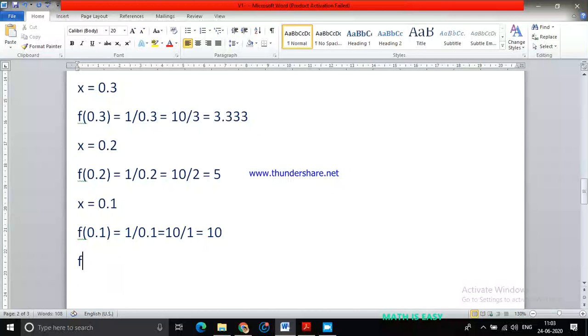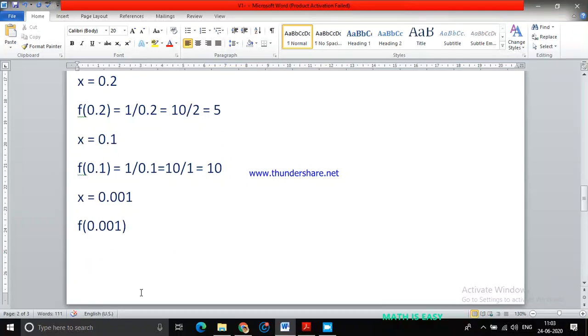If I go to a still smaller number, it will be 0.001. I have not mentioned it here. If I take x equals 0.001, then f of 0.001 is going to be 1 by 0.001, which is 1000 upon 1, which is 1000.